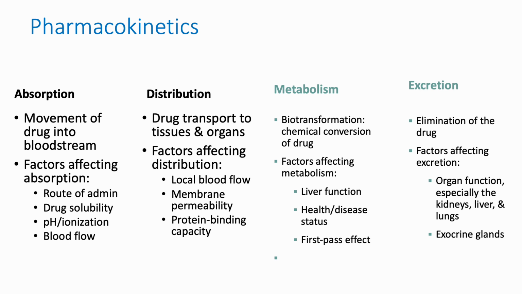And lastly, for distribution, the protein binding capacity can really factor into that. So a drug's tendency to bind to plasma proteins in the blood also affects that distribution. So for a given amount of a drug, some molecules bind to plasma proteins and the remainder of them will be free.